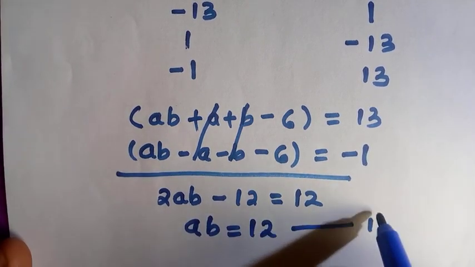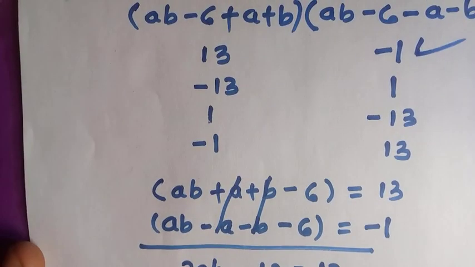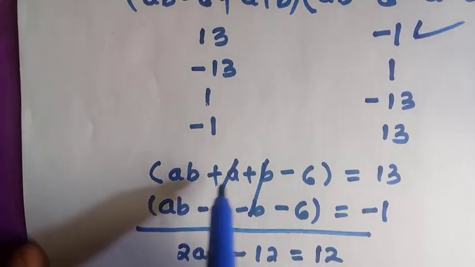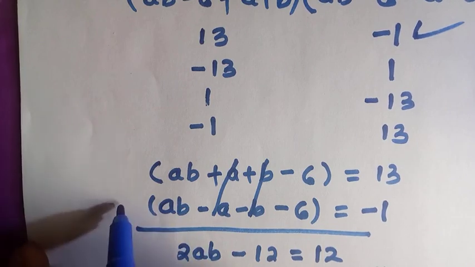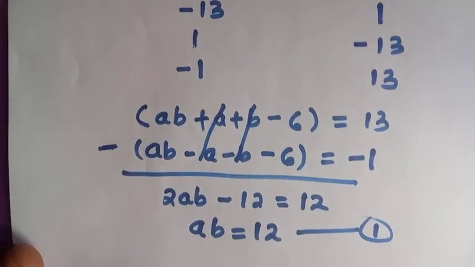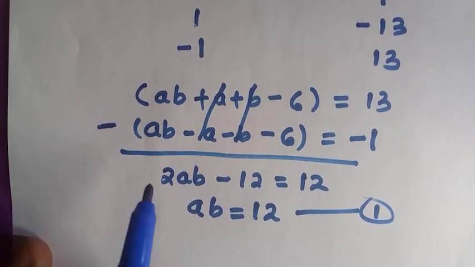I call this equation 1. Then let's subtract the same equations again. By doing this, ab will go and 6 will also go.